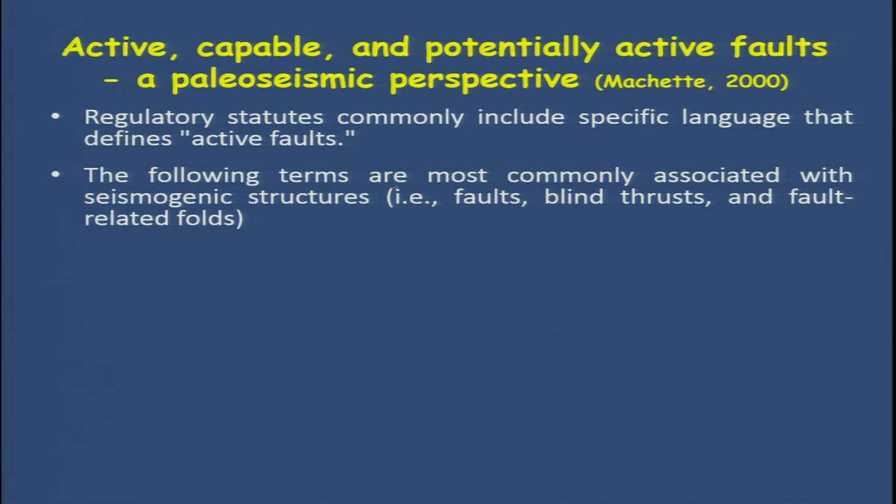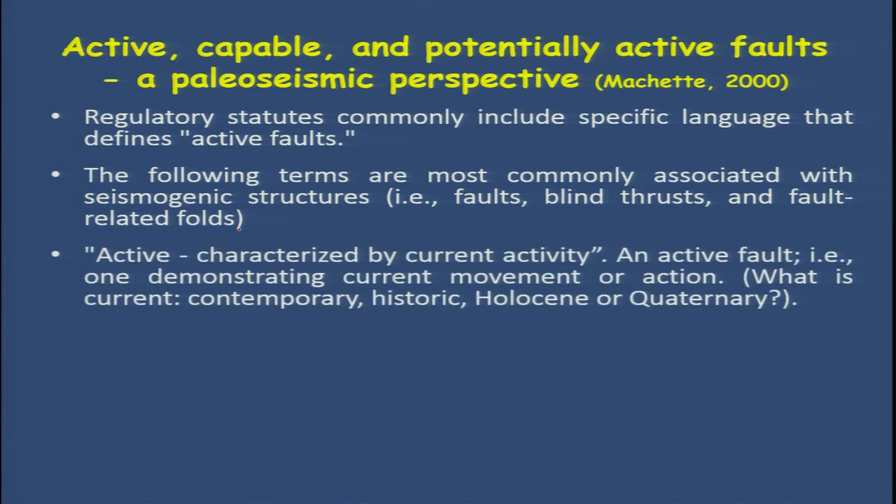The following terms are commonly associated with seismogenic structures: faults, blind thrust, fault related folds, strike slip faults and normal faults, etc.